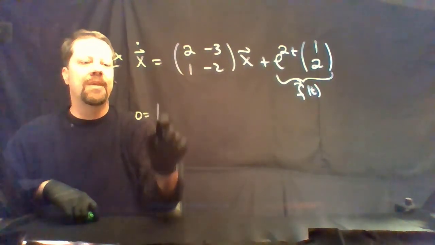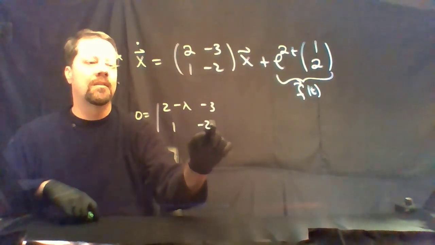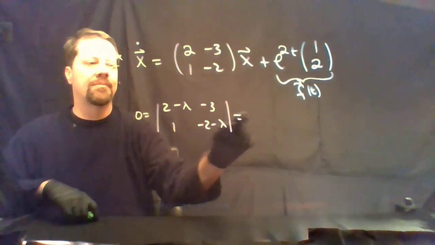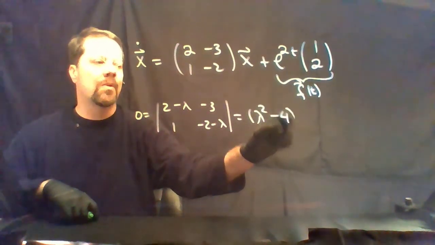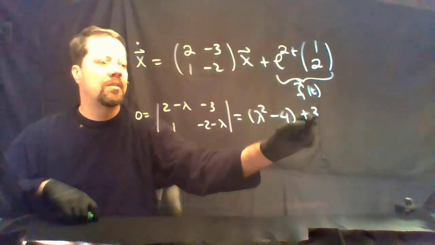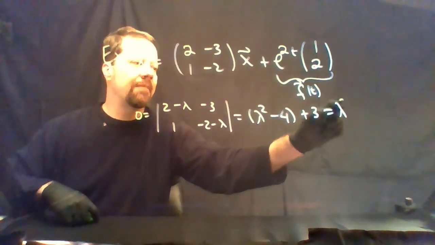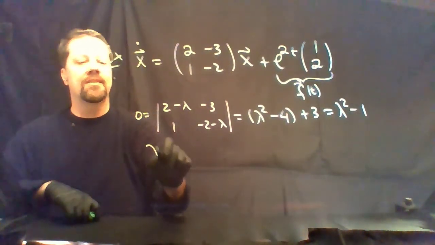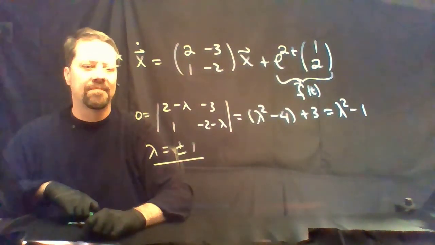So we'll set 0 equal to the determinant of [2 minus lambda, -3; 1, -2 minus lambda]. This gives us lambda squared minus 4, since it's a difference of squares sort of product, and then plus 3. That simplifies to lambda squared minus 1, and hence the eigenvalues are plus or minus 1.